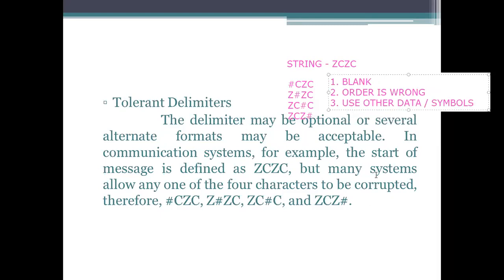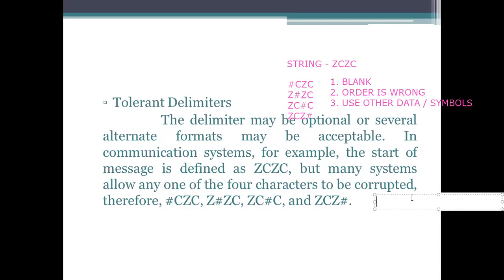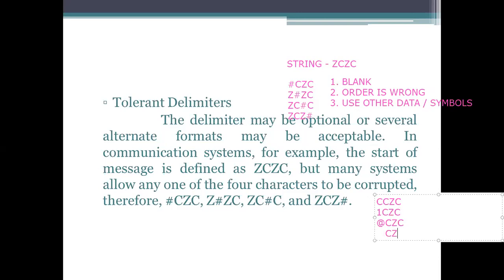So what could be the answer here? In the place of the hash, first, I am taking C, ZC. That is a wrong one. And the other one here, I'm taking one, C, ZC. That is also a wrong one. I'm taking another one, at the rate C, ZC, is also a wrong one. So another one here is just leave a space, C, ZC.